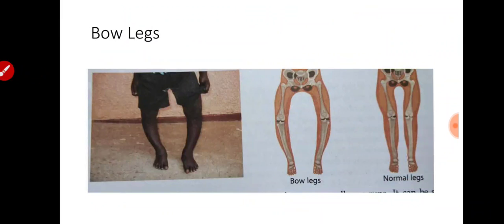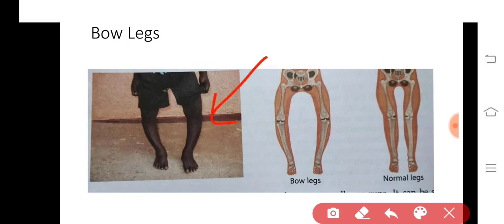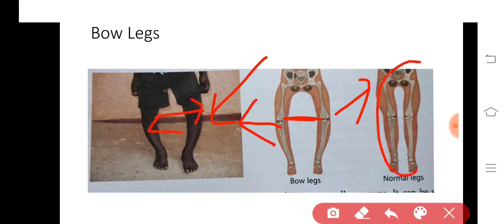Here you can see that in knock knees the leg was bent inside but here it is bent outside, and due to that the knees will have much more gap in comparison with normal legs. This deformity is also visible from afar when the person walks or runs.